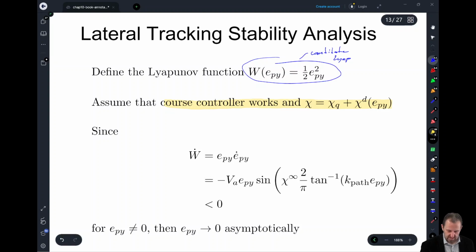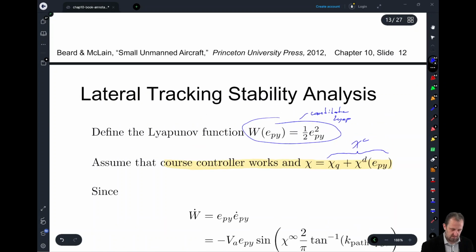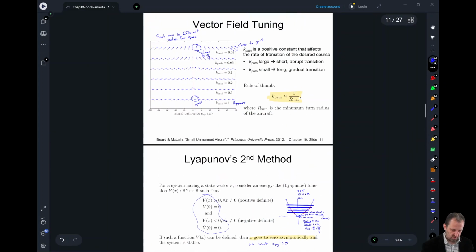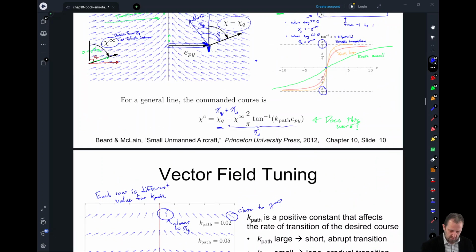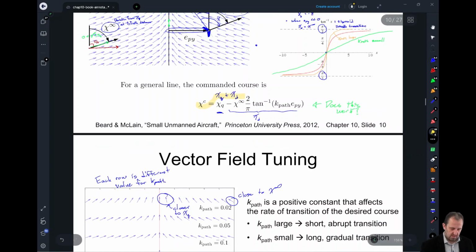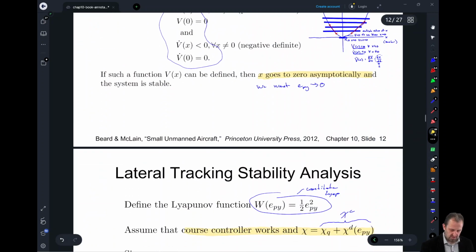that the course controller works and that we immediately realize our desired course command. So if we looked at this guy right here from the previous slide, this is just our course command, right? If we scroll up here, we have just our course command defined like we do below. Okay, so we have our course command.